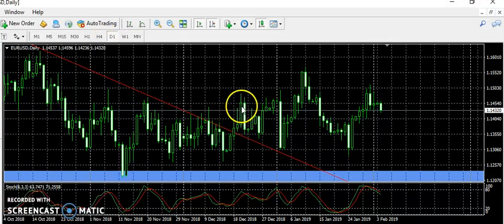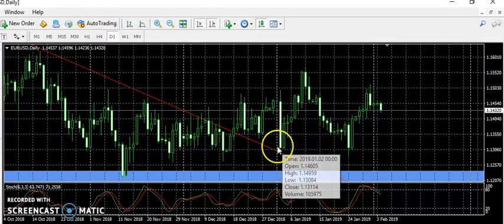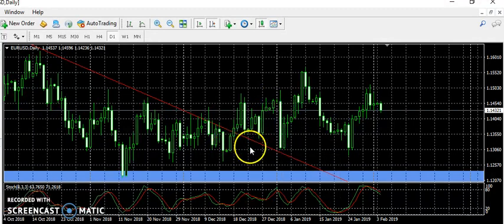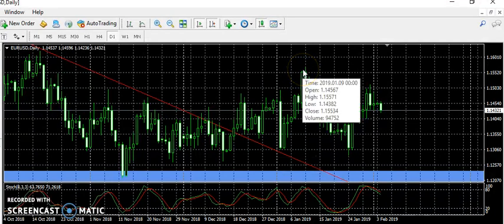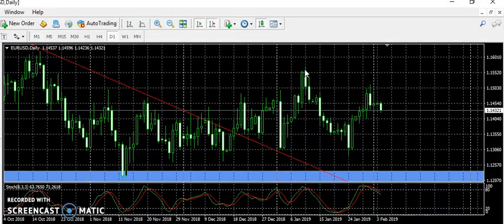So we had a break of the trend and we had the trend being respected here, where we have this structural retest of this region here, which stated to break the highs, and that's what price did. It broke the highs here.